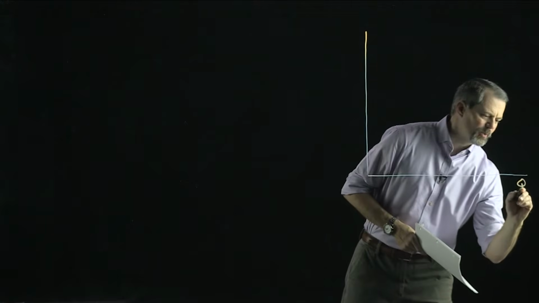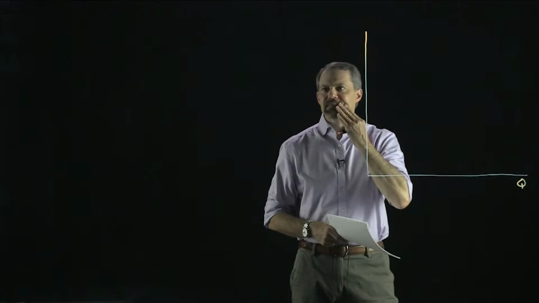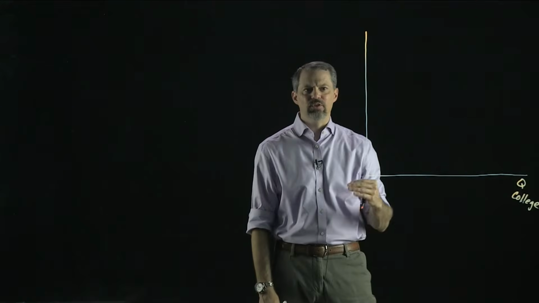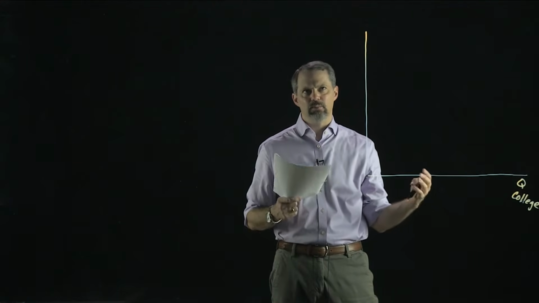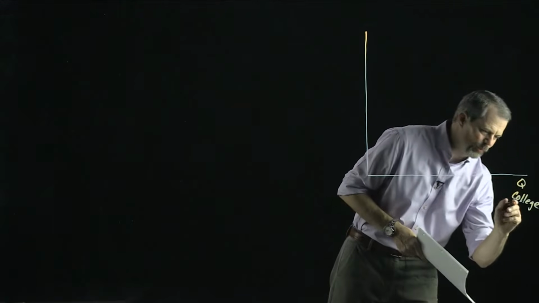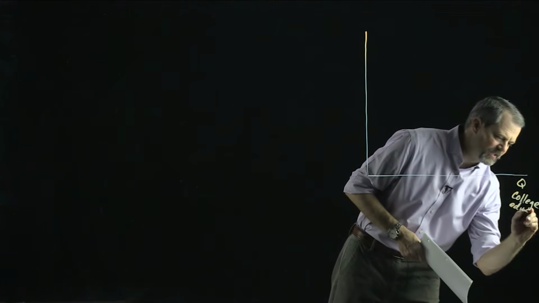So let's suppose our quantity is here. We'll just say college education. We could describe that in terms of number of students getting educated or the number of college hours of education. We don't even need to worry about that. Let's just say it's quantity of college education.